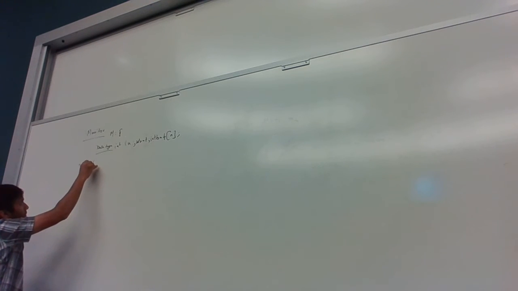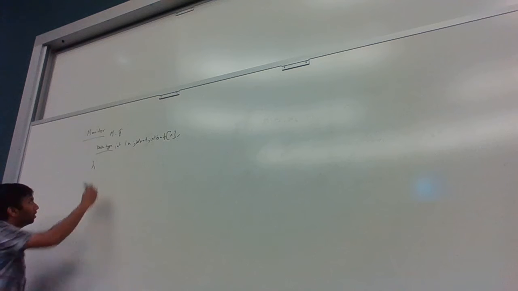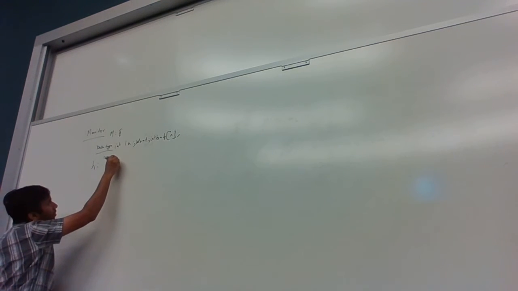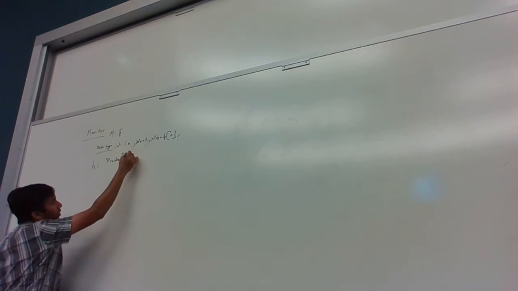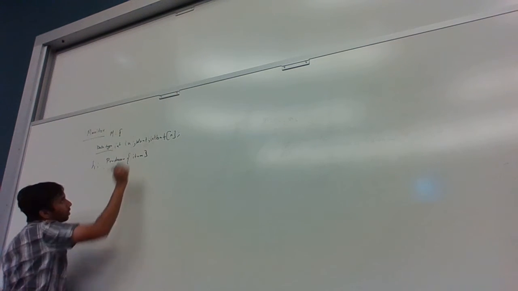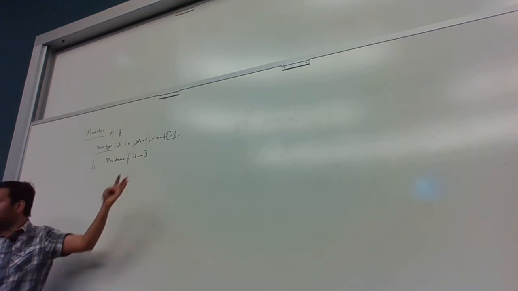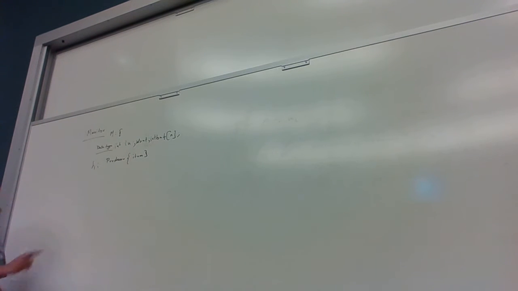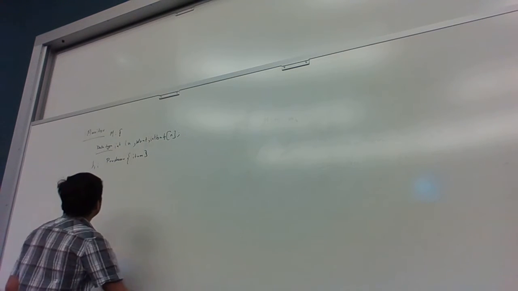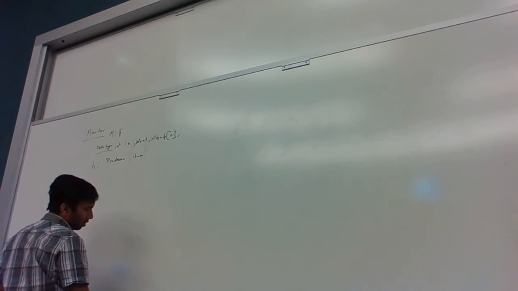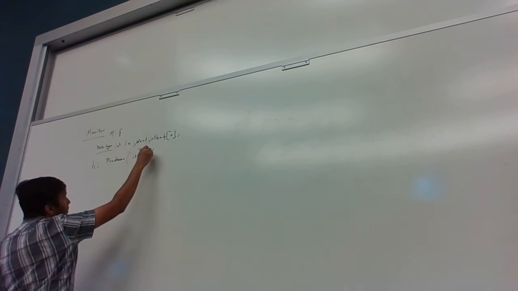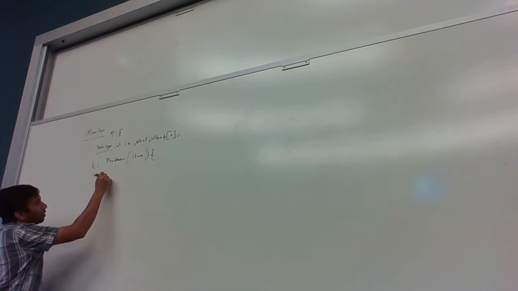Then you have to have two functions. The first function is producer, and it takes an item as input. We have to declare these functions.